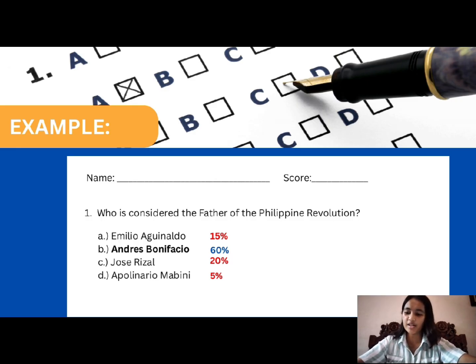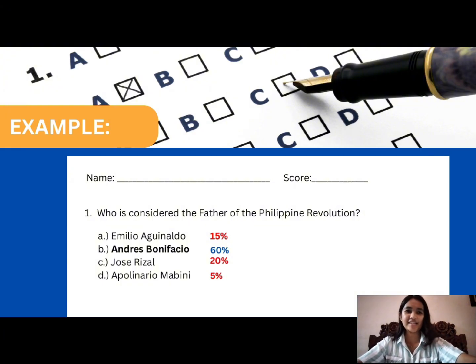Option A, Emilio Aguinaldo; B, Andres Bonifacio; C, Jose Rizal; and D, Apolinario Mabini. 50% of the class choose option A, 60% of the class choose option B, 20% choose option C, and lastly 5% choose option D. The correct answer is option B, which the majority of the class chose.